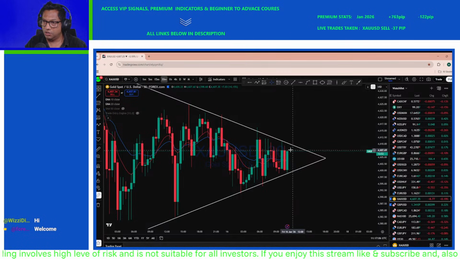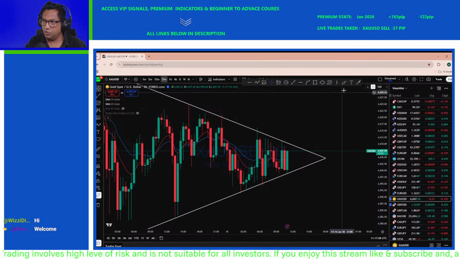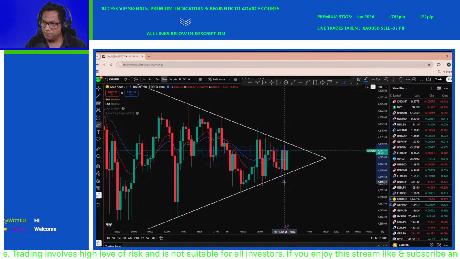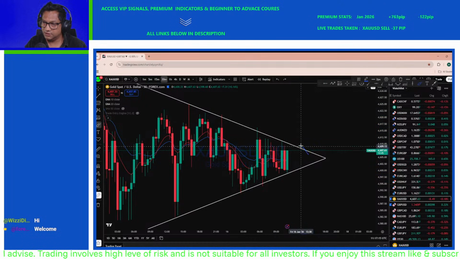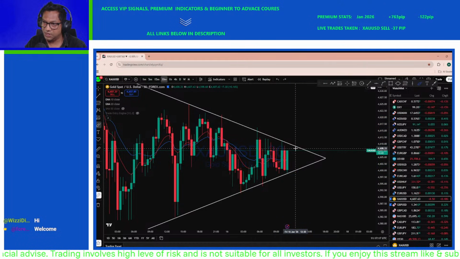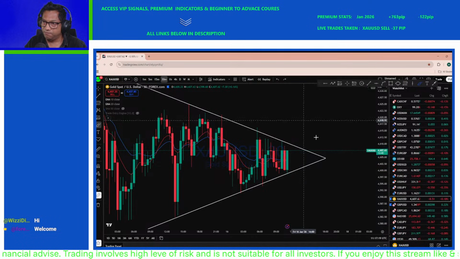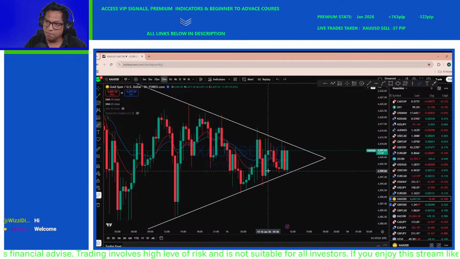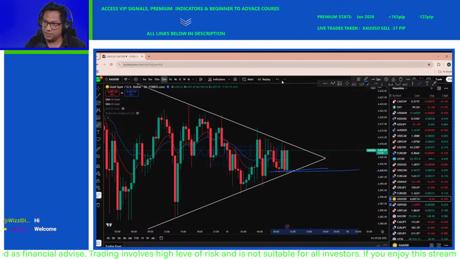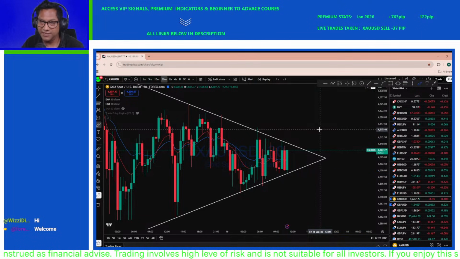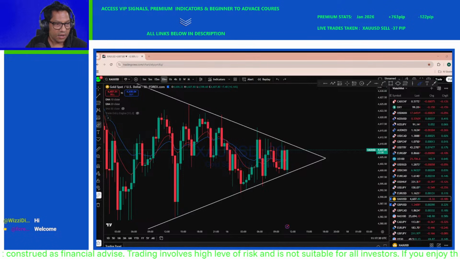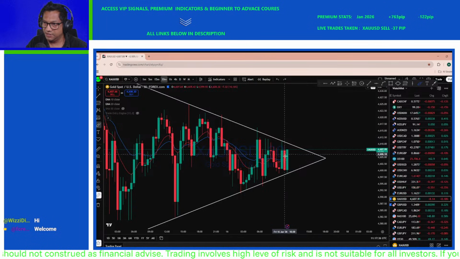Here is a rejection, followed by another bounce back to the upside in this market. With that bounce, from this support level, there is a clean breakout that we can expect here, and with that breakout, looking at an entry in that area.